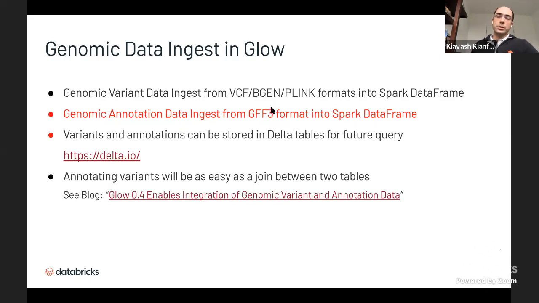So just to emphasize here, again, our philosophy in GLOW is that we support data ingest from the traditional flat file formats like VCF, BGEN, and PLINK, and get the information out of these formats and put it into the modern data engineering and database structures that data scientists and data engineers use, so that it can be easily queried and manipulated.